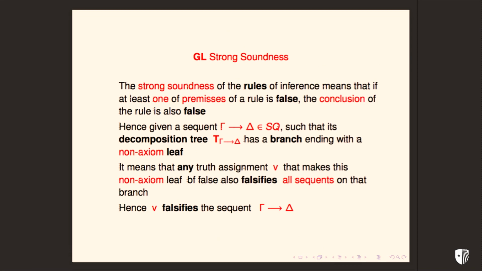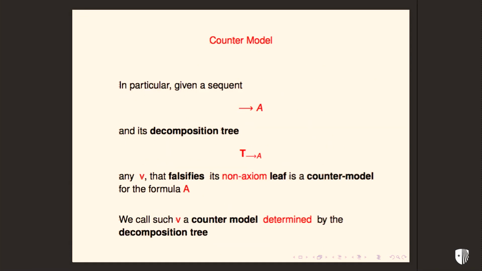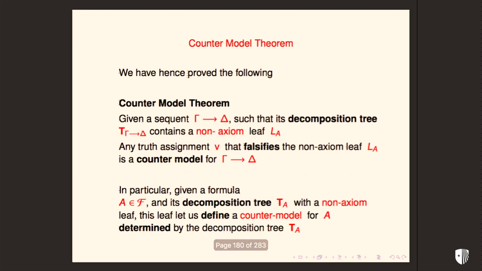And that's what I say, that if you do the leaf, you can falsify it, and this is called the contramodel determined by the decomposition tree. So given a sequent, such a decomposition tree contains a non-axiom leaf, and a truth assignment that falsifies the non-axiom leaf is a contramodel for the top. That is exactly the same.